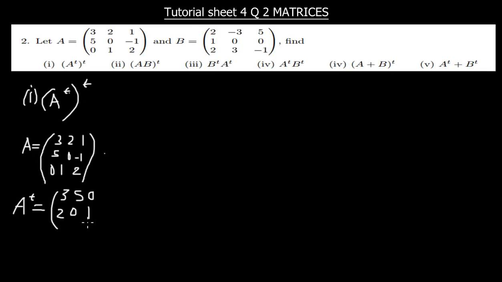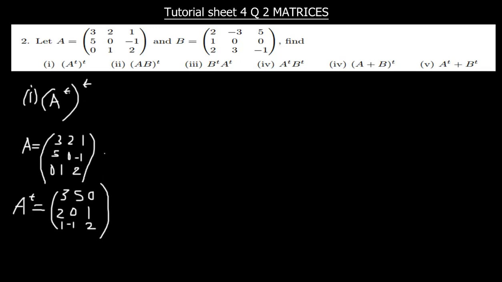What you should note is that the leading diagonal is always maintained: 3, 0, 2. If you find that these numbers are not consecutive with the first matrix you had, just know that you've made a mistake somewhere.